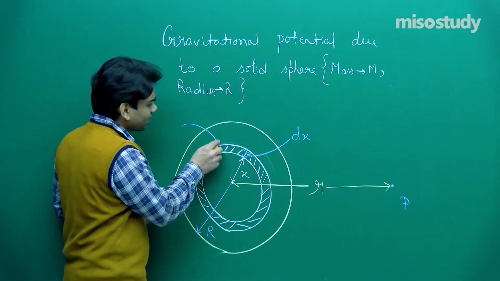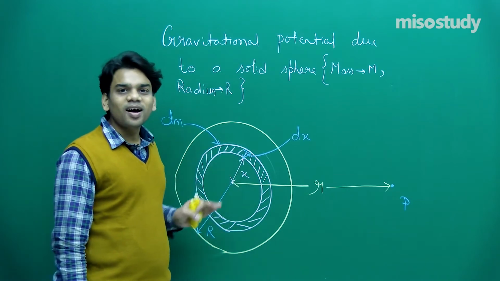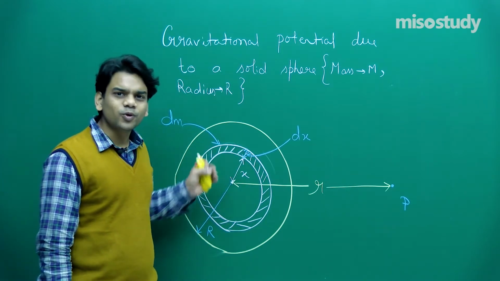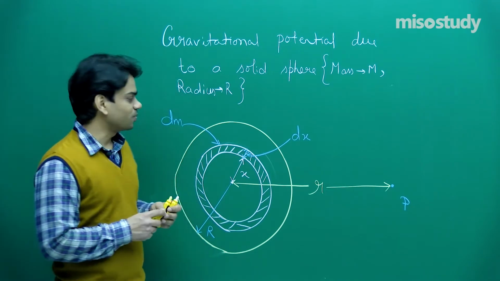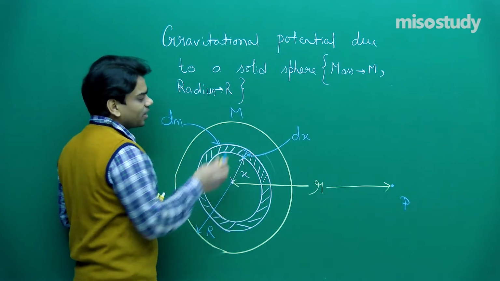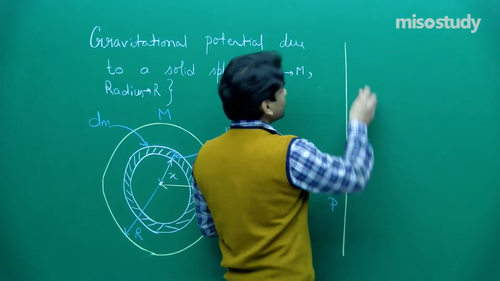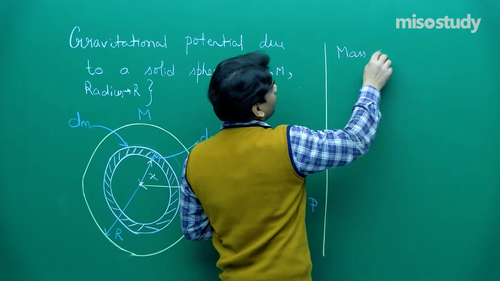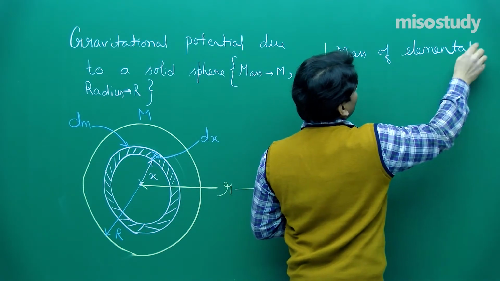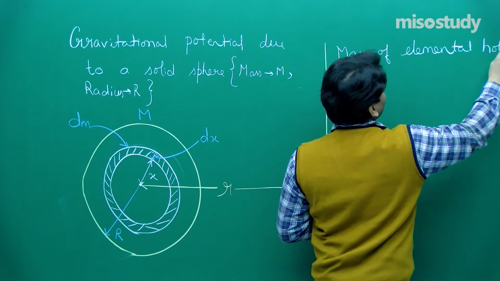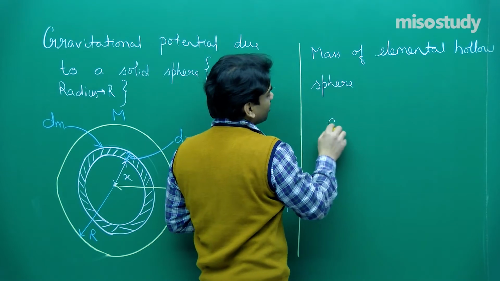Can we write the mass of this hollow sphere in terms of the total mass of the sphere? Because we know the total mass is uniformly distributed over its entire volume. If its total mass is capital M, then the mass of the elemental hollow sphere of radius x that we have assumed, we have taken to be dm.